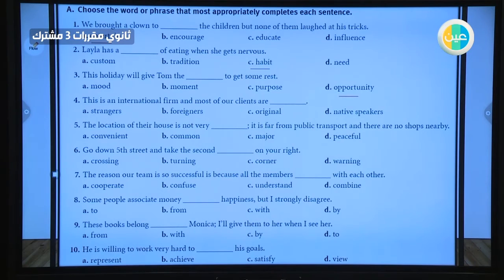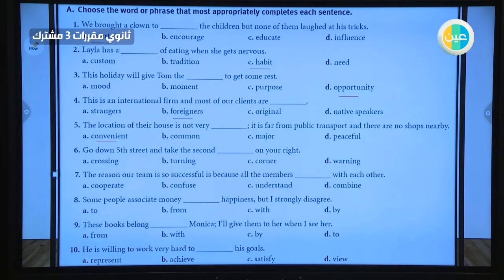This is an international firm, and most of our clients are international, so foreigners, from another country. The location of their house is far from public transport, and there are no shops nearby, so it's not convenient.